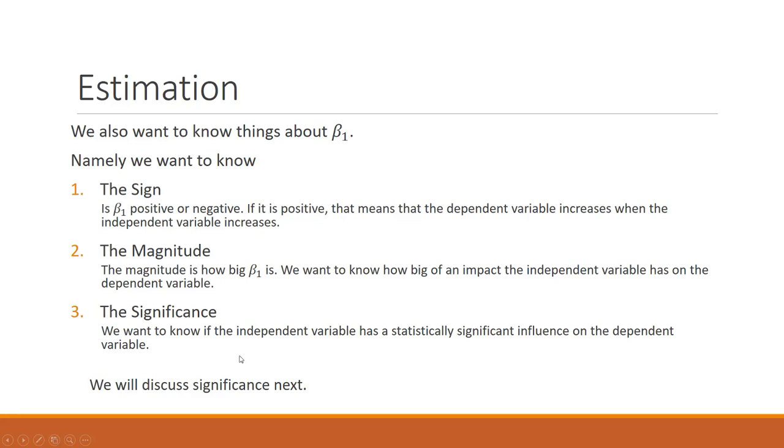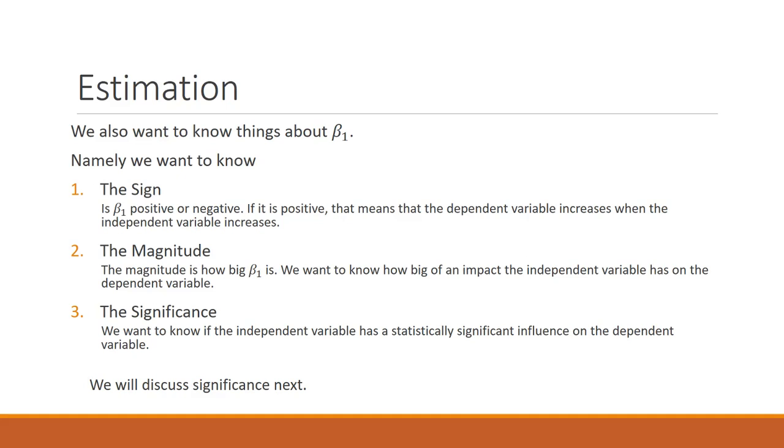We want to know if the independent variable has a statistically significant influence or relationship on the dependent variable. Now, we just did the last lecture where we talked a lot about statistical significance. Statistical significance tells us whether or not some observed relationship has occurred by chance or is really a reflection of something true about the population.